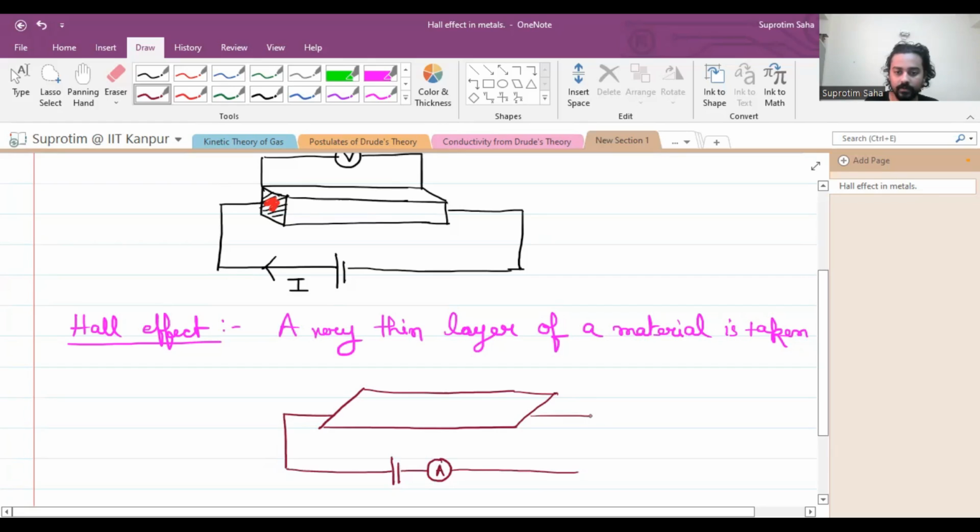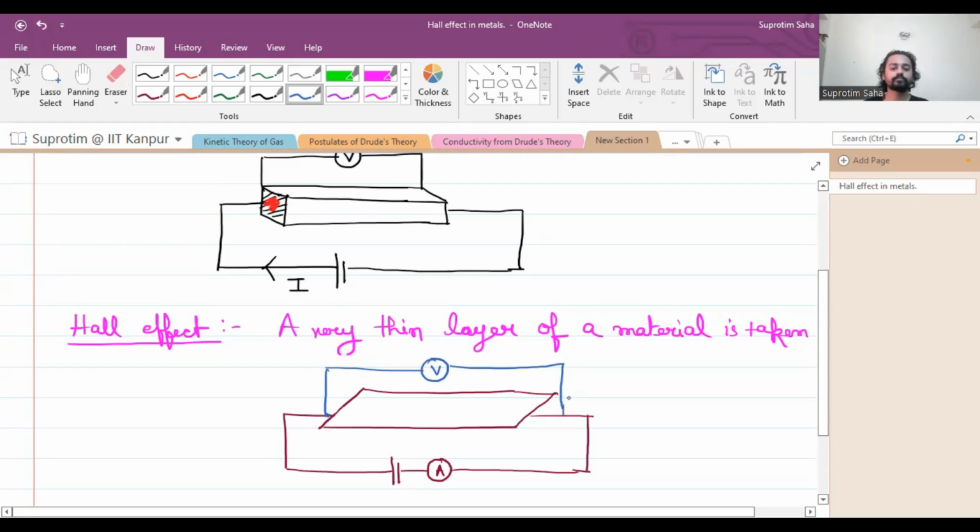And you also measure the voltage across it.